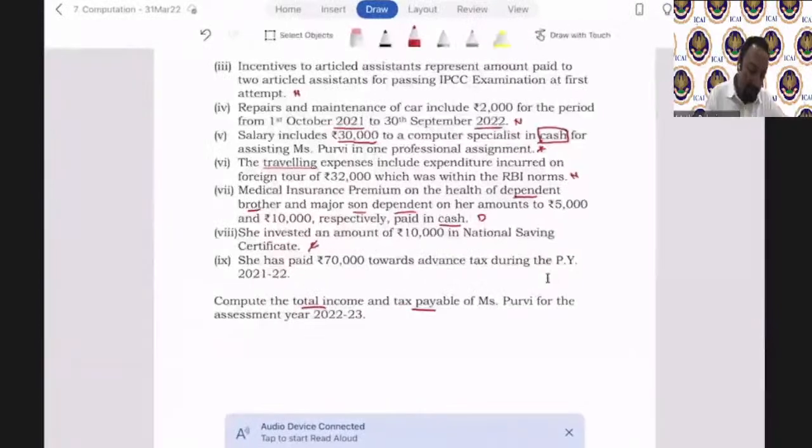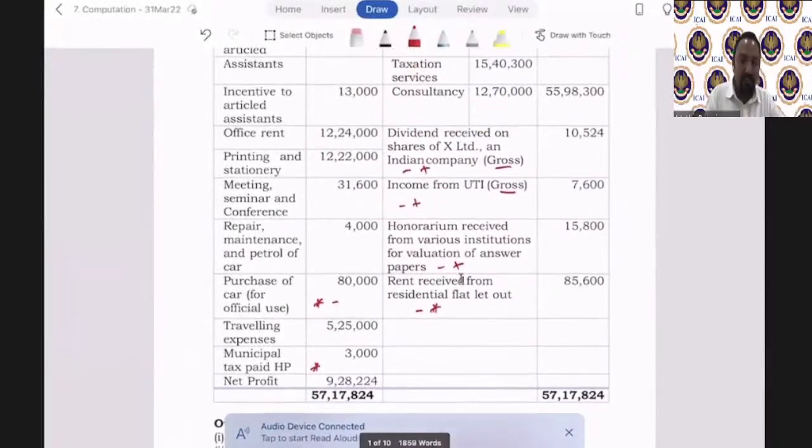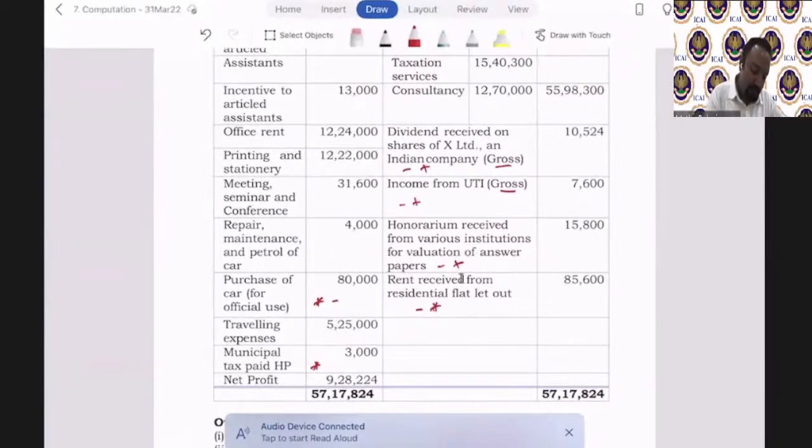Which will give you 47,605. Now there is an assumption that you need to make in this problem. Typically, when you say this dividend income that you're receiving, there is gross dividend income. Whatever that is, probably you can say that TDS has been deducted on that. So TDS on this UTI gross will be at 10%. So you can take credit of that.